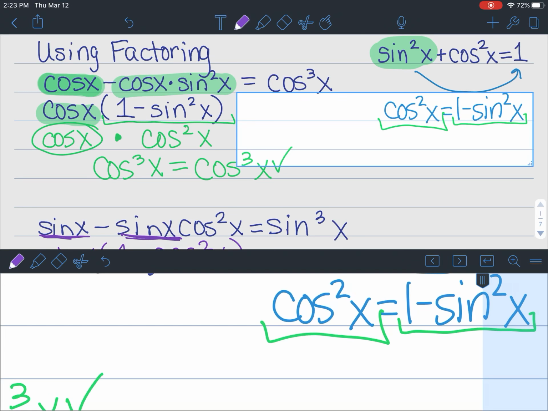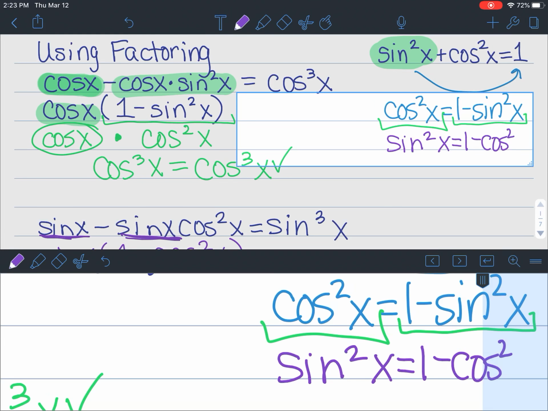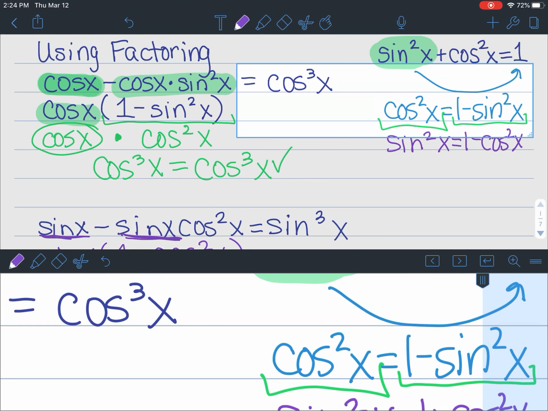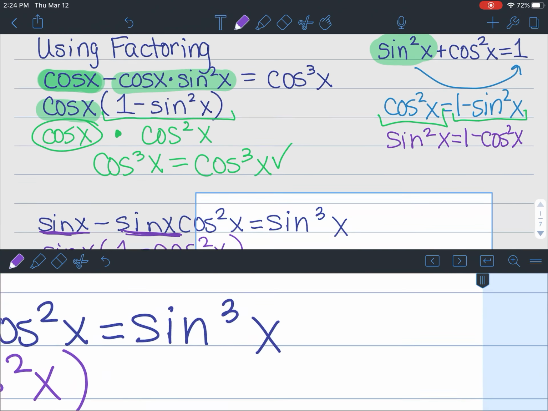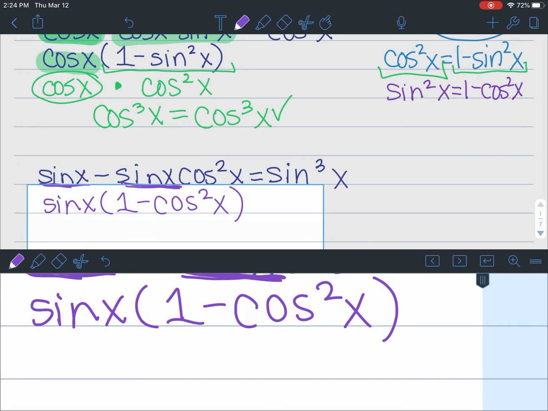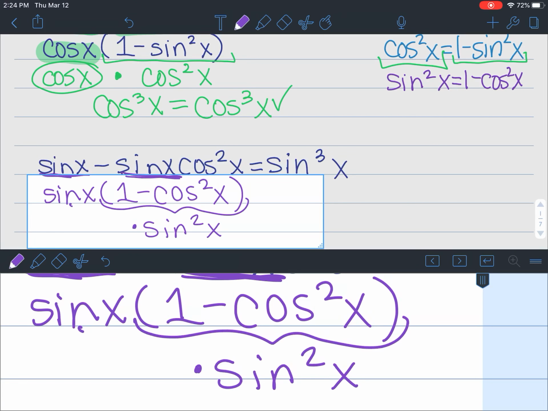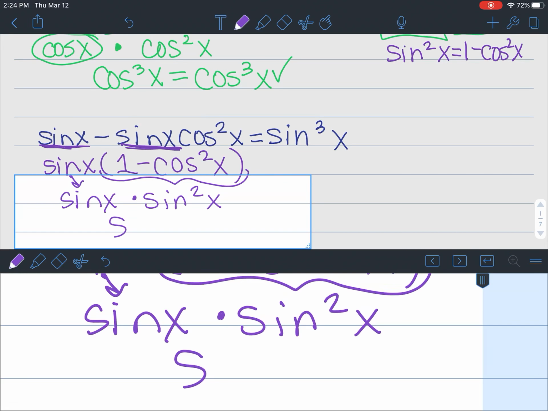With sine squared x, couldn't I subtract cosine squared x to the other side and get this version of the identity? I mean, surely if I can do it the blue way, I can do it the purple way. So let's come down here. I have 1 minus cosine squared x. That equals sine squared x. That's times sine x, giving me sine to the third x.